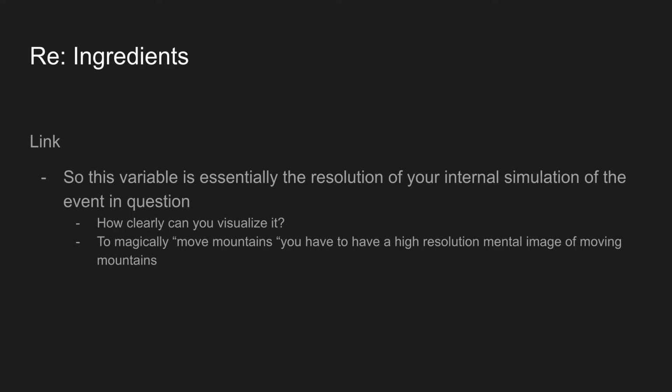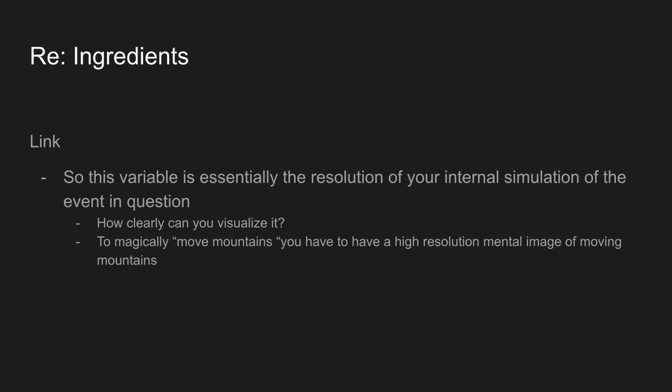And then next is the magical link. And as I understand it, this is basically your internal simulation of the event in question and how high the resolution is. So, can you clearly visualize exactly what you're hoping to target? To magically move mountains, as it were, you would have to have a very high resolution mental image of moving mountains.